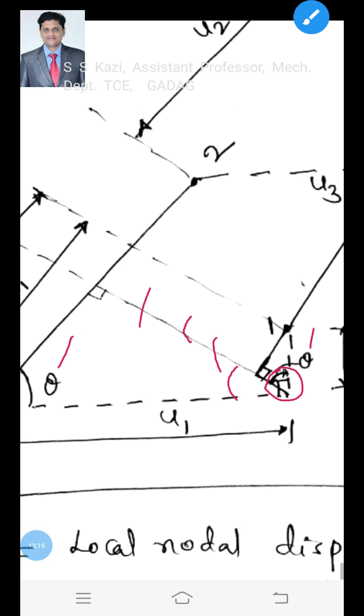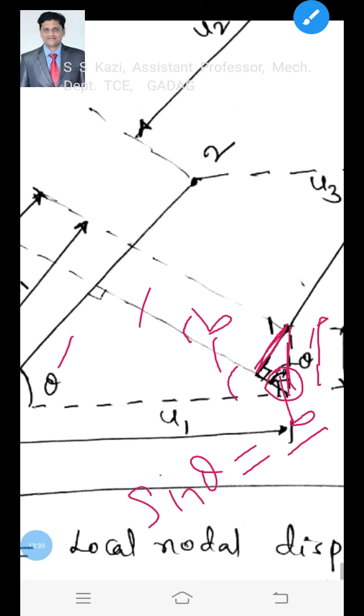Now from this right angled triangle, if you write sine theta, then sine theta is equal to opposite divided by hypotenuse. The opposite is this one, that is B, and the hypotenuse is u2.